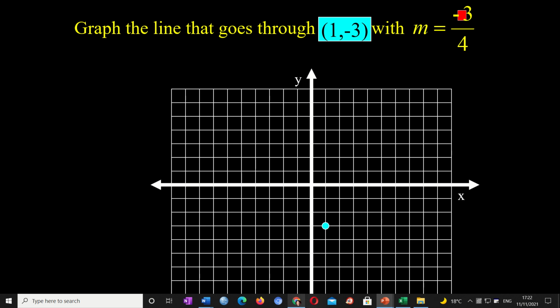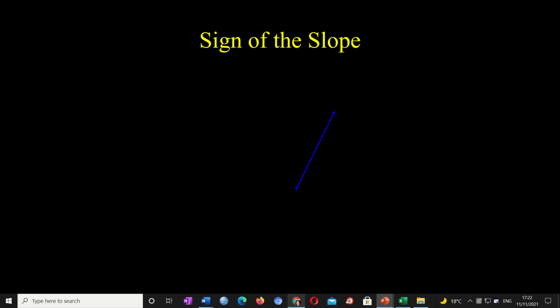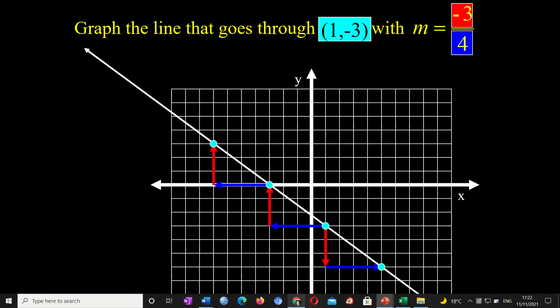Okay, here, let us draw this. Now, wait. Well, here, minus 3 over 4. Let us work with this rise and run, okay? Now, the red ones are rise. Now here, this is rise 3 and this is run 4, okay?